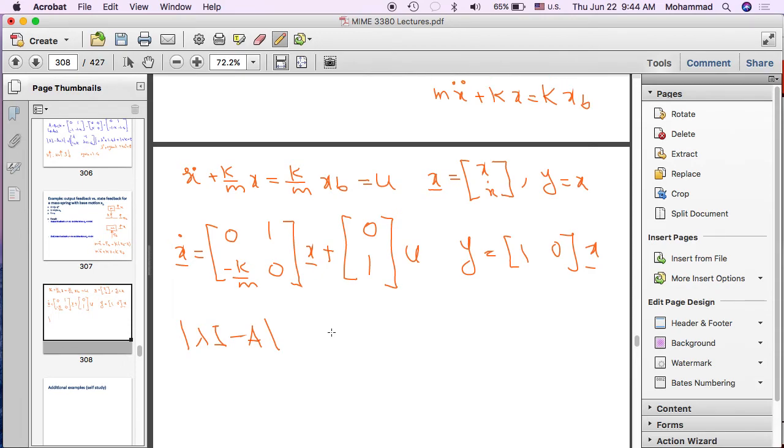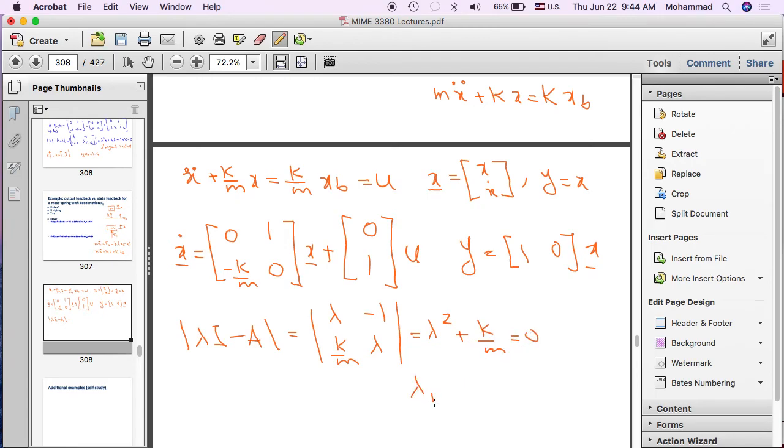So lambda I minus a is equal to [lambda, minus 1; k over m, lambda]. Find the determinant: lambda squared plus k over m is 0.